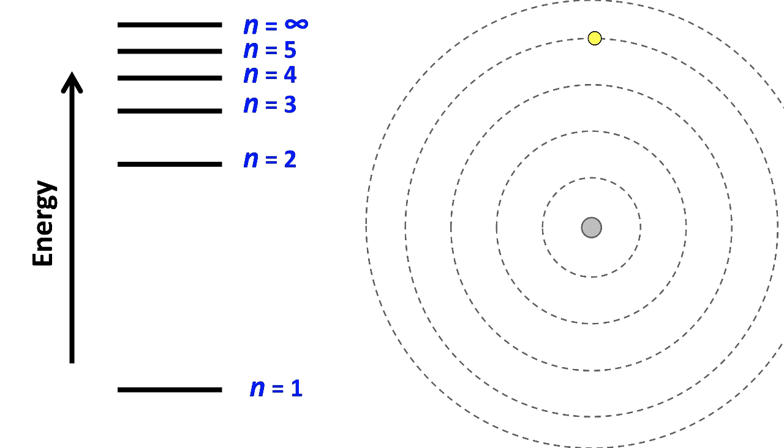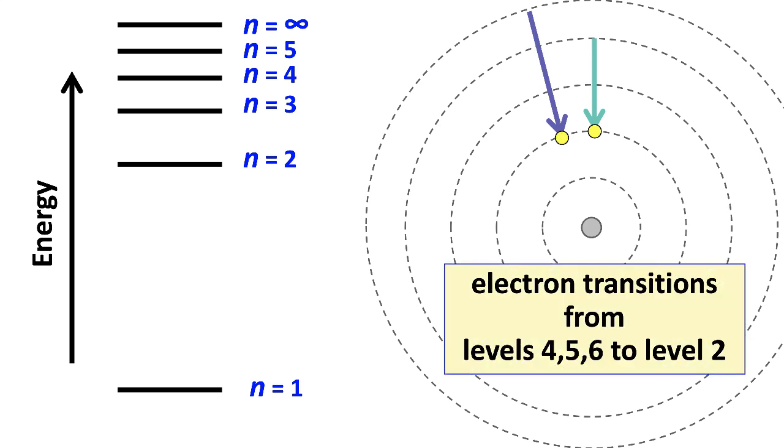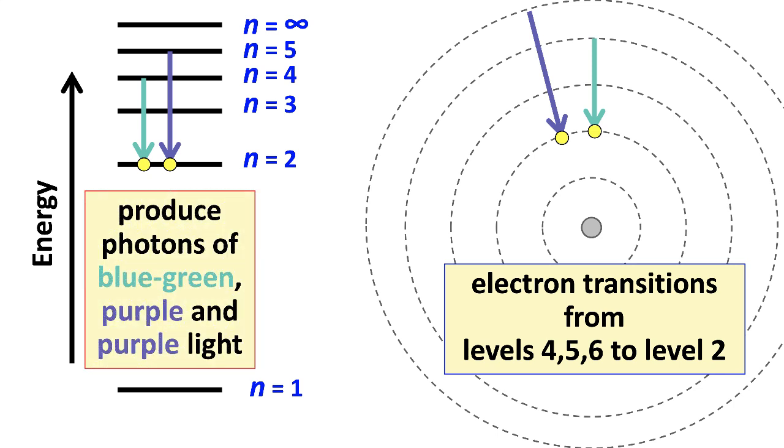And for hydrogen, the 4 to 2 transition, the 5 to 2 transition, and in fact the 6 to 2 transition, which I'm not showing here, all of those produce visible light of aqua or blue-green, purple, and purple respectively for the 4 to 2, 5 to 2, and 6 to 2 transitions.